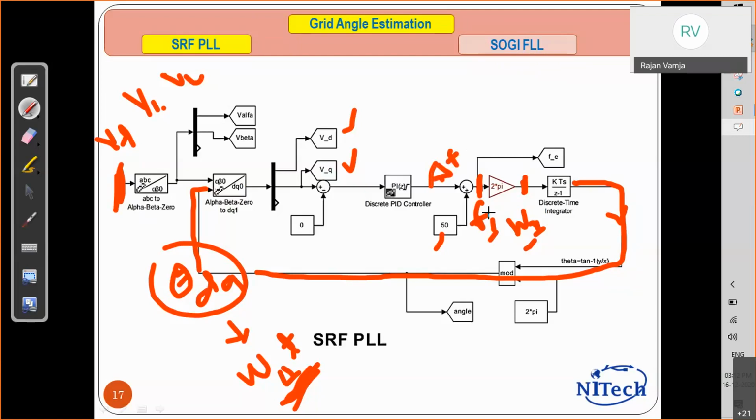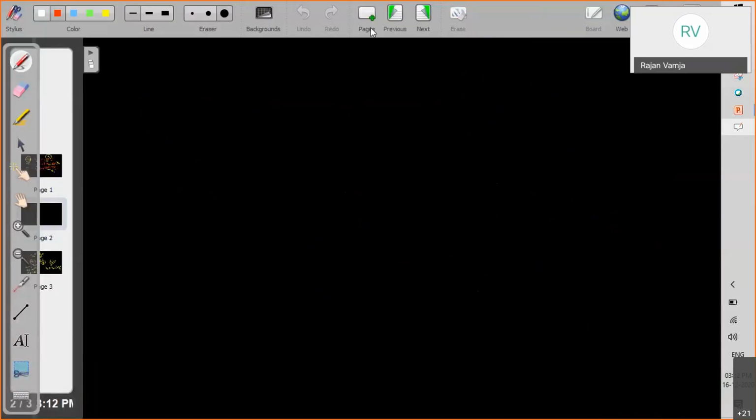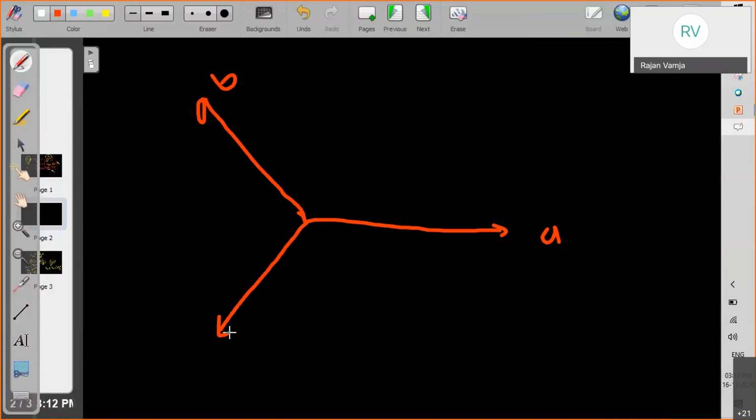So now how we are arranging this PI controller block. In this, if we go here, this is C. Now our space vector is somewhere here.